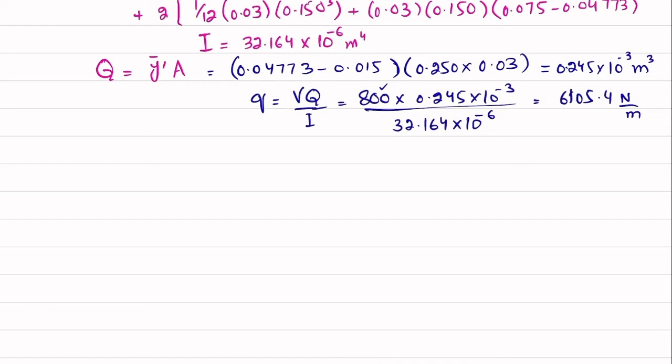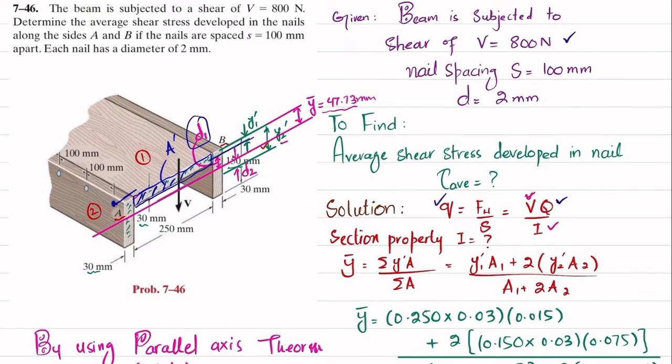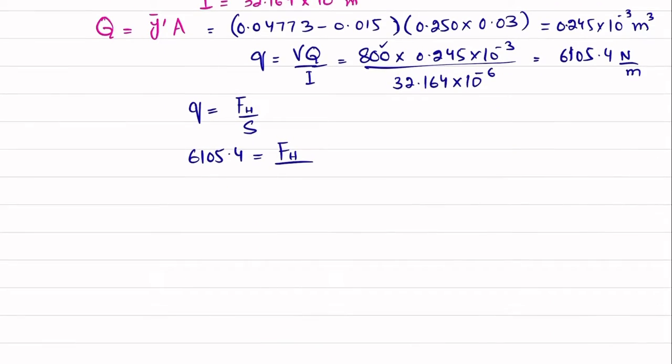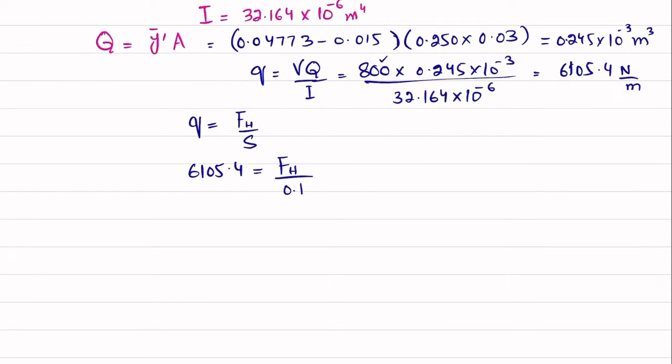So now we have shear flow. We know that shear flow is also equal to horizontal shear force per unit length. So you can just put the value: 6105.4 is equal to FH divided by S. S is the spacing, nail spacing, which is 100 millimeter. So 100 millimeter in term of meter is 0.1.